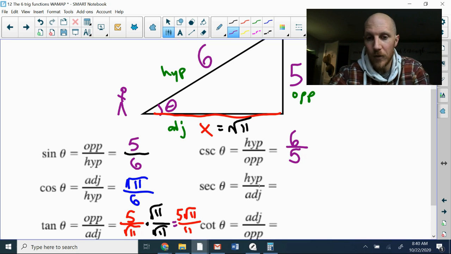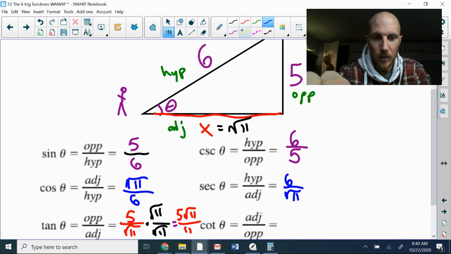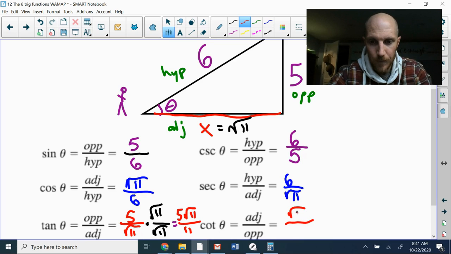Okay, the secant. Secant is hypotenuse over adjacent, and I can see this hypotenuse is 6 up here, and the adjacent is square root of 11. And lastly, cotangent is adjacent over opposite. So my fraction is going to be the adjacent side is square root of 11. The opposite side is 5.